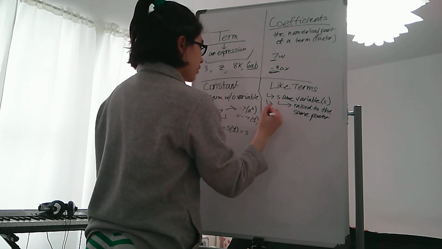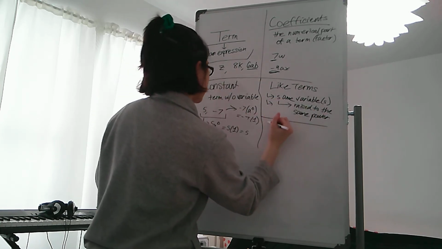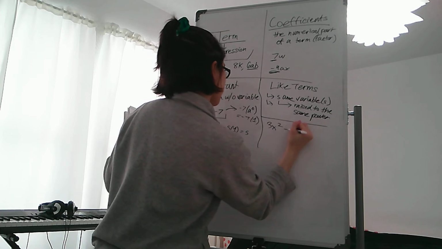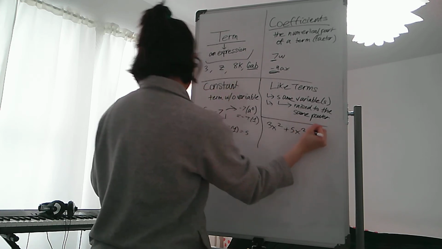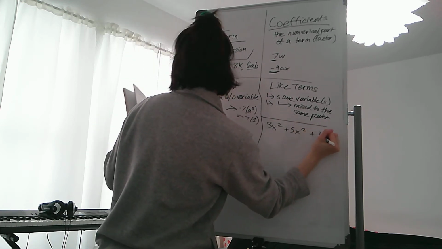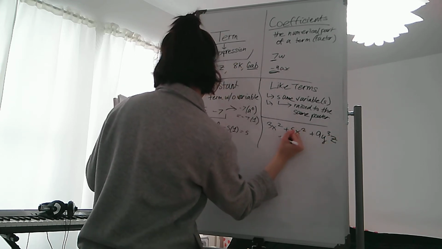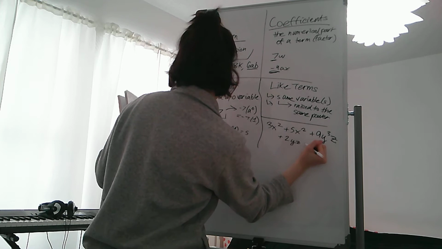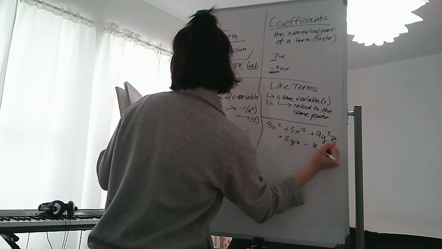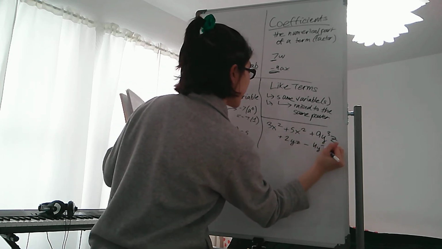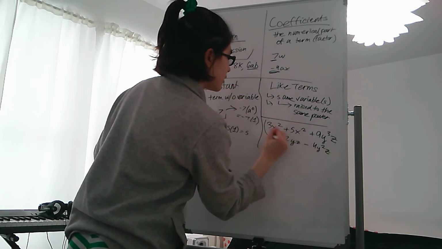So let's say you had an expression like this: 3x squared plus 5x squared plus 9y cubed z plus 2yz minus 4y cubed z.